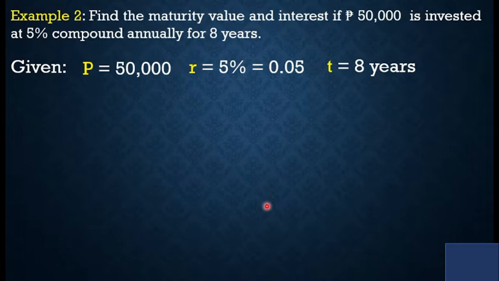Try to find the maturity value using the formula F equals P times the quantity of 1 plus R to the power of T.